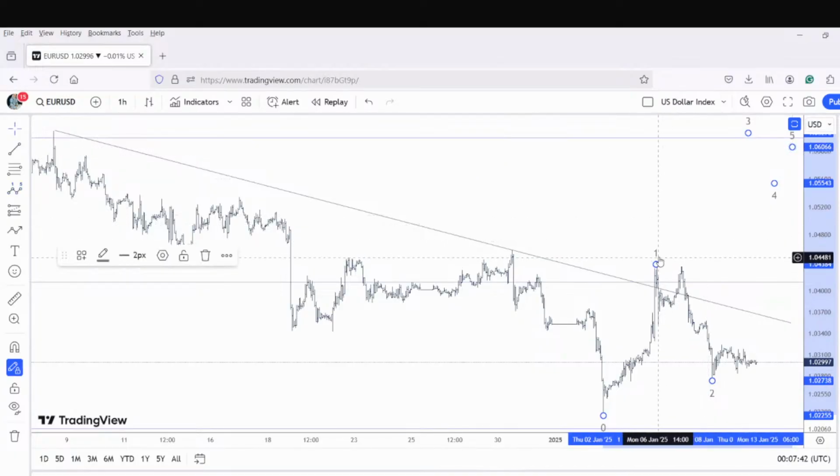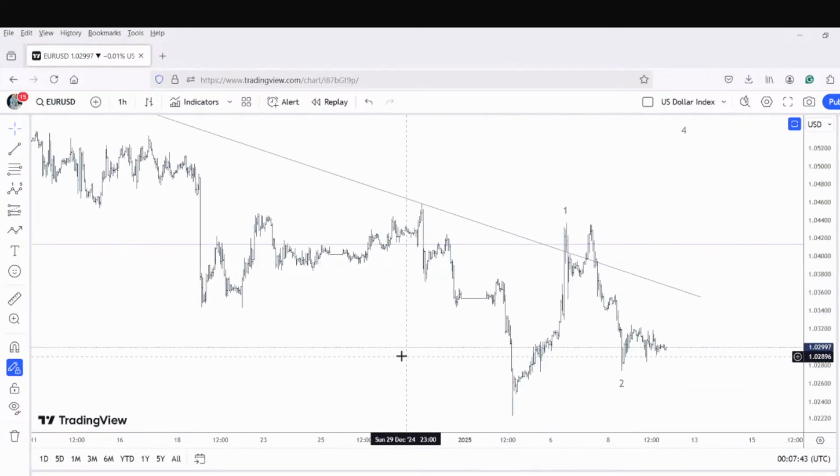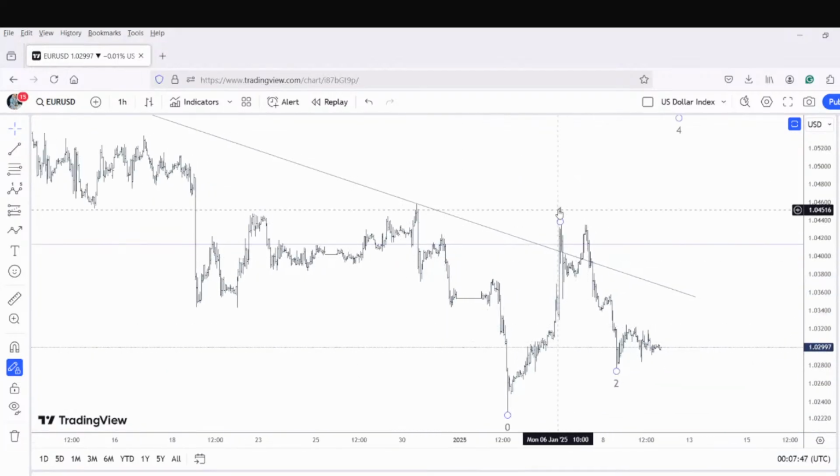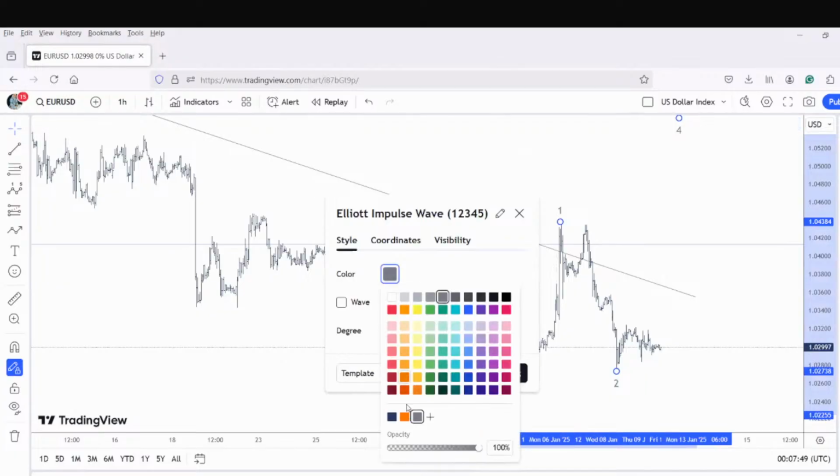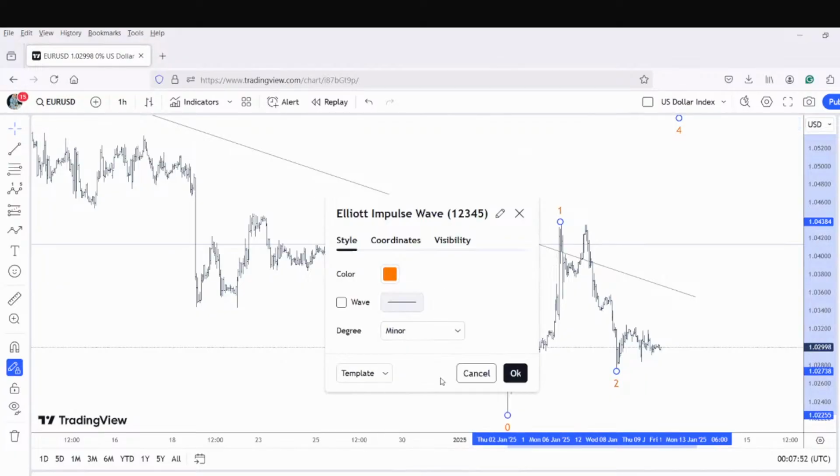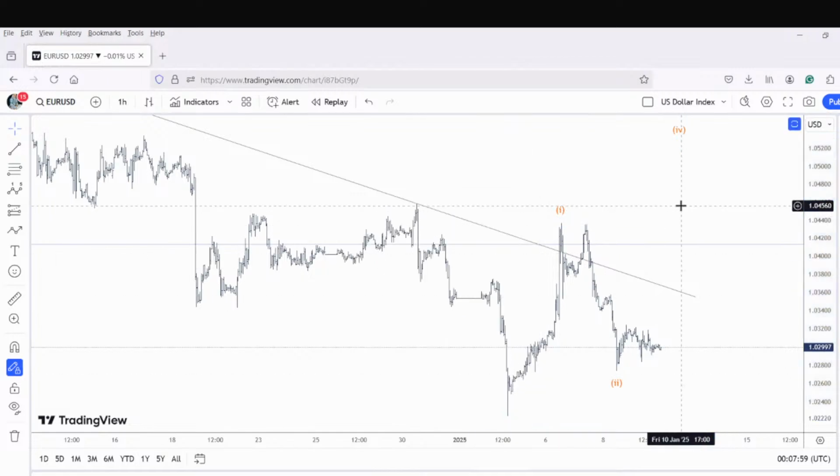All right, I need to just change this degree from minor to minute, because it's taking time. Yesterday, when we were there in the New York, we touched base with the pattern which is unfolding right now.